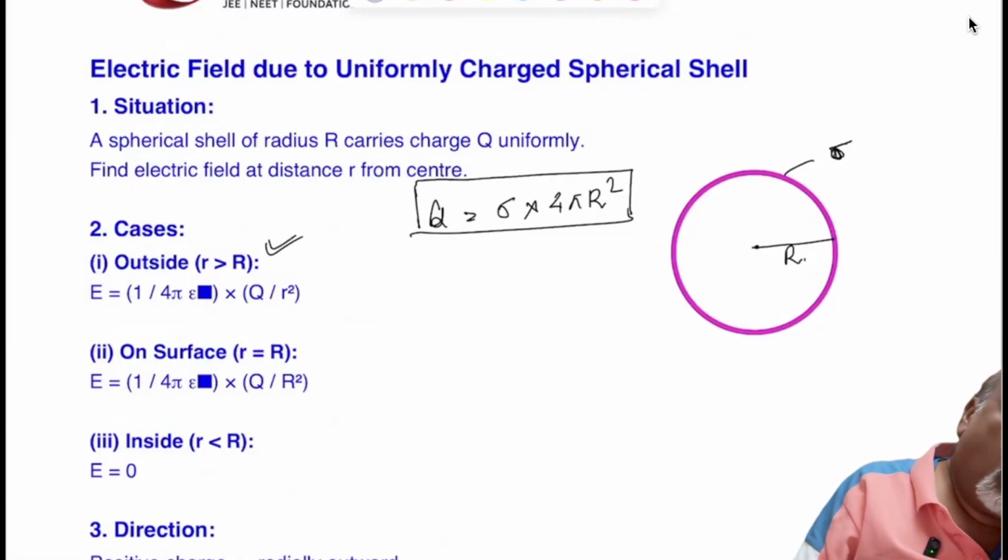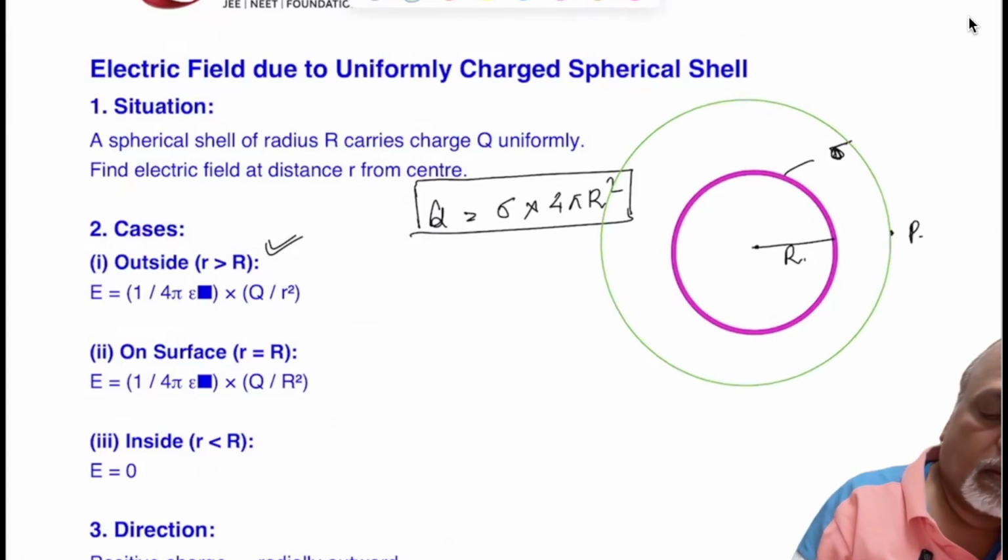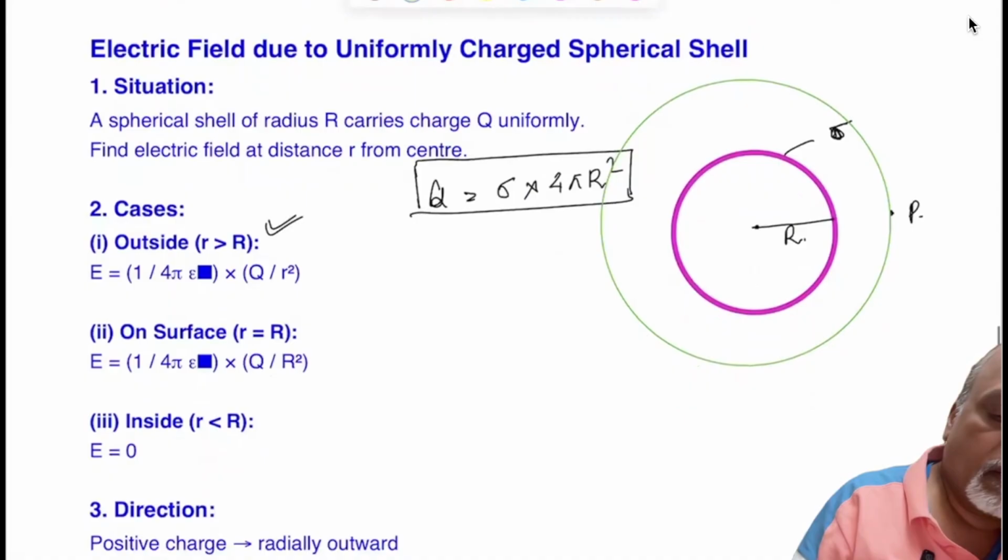Now suppose I want to find the field at a point P which is outside the shell. Correct? So what will we do? Draw the Gaussian surface, and this distance is basically r.